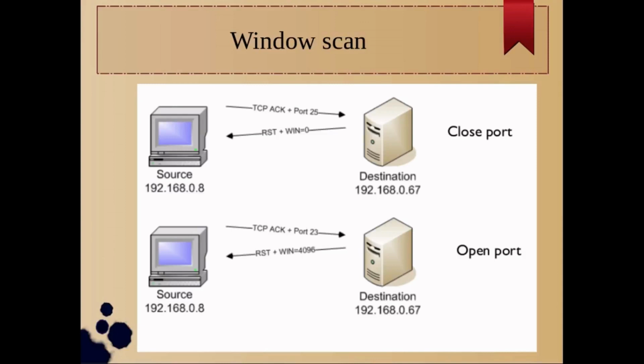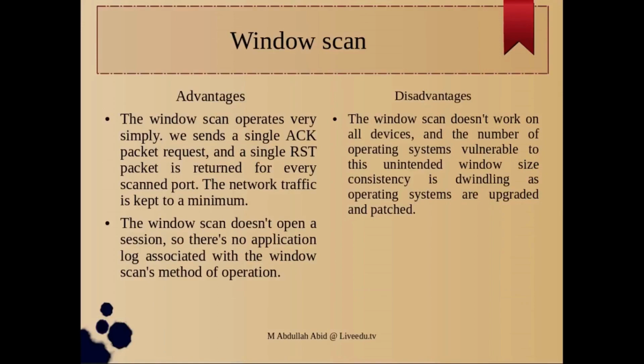Like in this, we send a TCP ACK to port 25, and if we get window size equal to 0 plus reset, window size 0 means no packet can be accepted, so it's a closed port. But if window size is 4096, that's the default value. So if we get that value, that means it's an open port. So if the window size value is 0, that means a closed port. If window size has something in it, it's an open port.